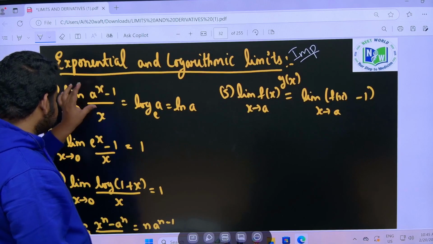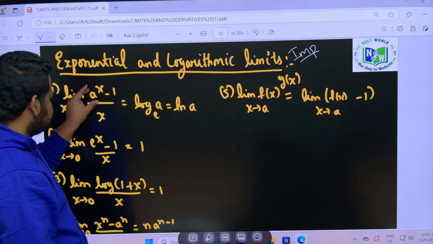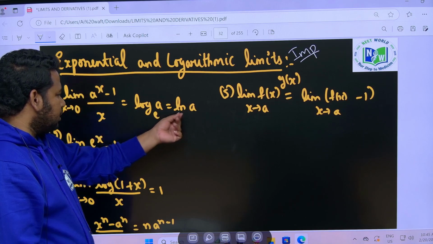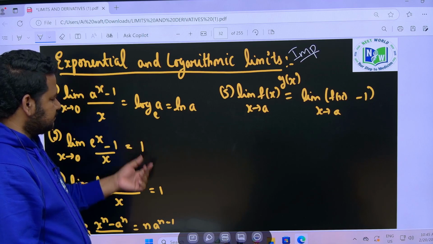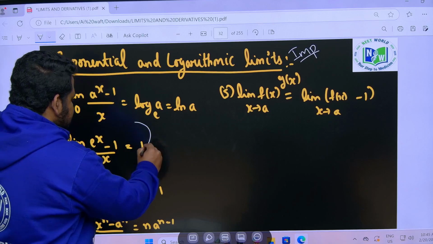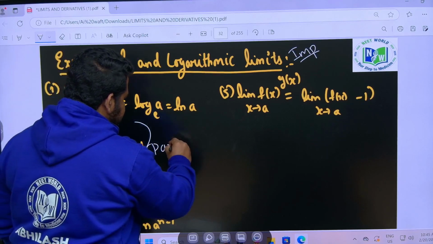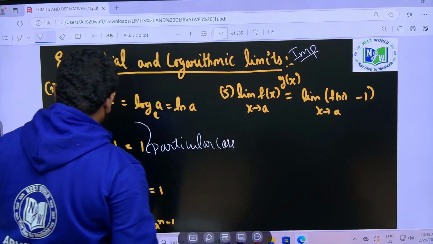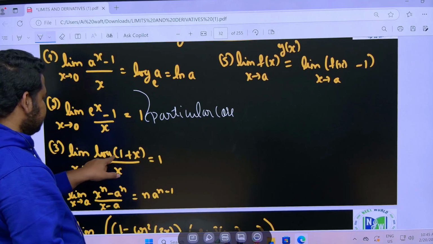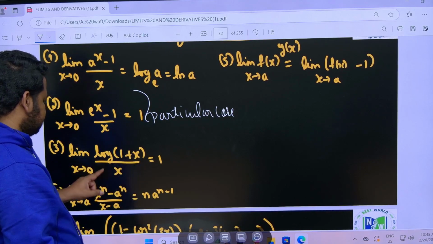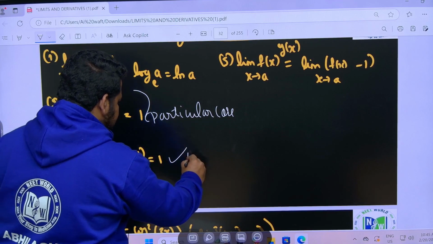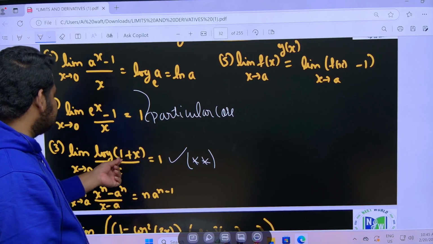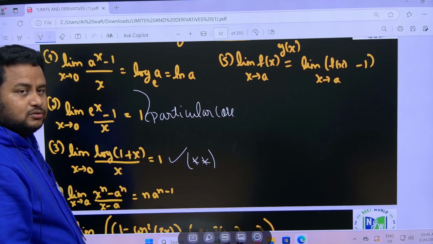Next, a particular case: instead of a, if I put e power x minus 1 by x as x tends to 0, it is 1, because log e to the base e is 1. Next, limit 1 plus x by x as x tends to 0 is equal to 1, highly important. This one is also important, we'll be using it in questions. Limit log of 1 plus x by x is equal to 1.